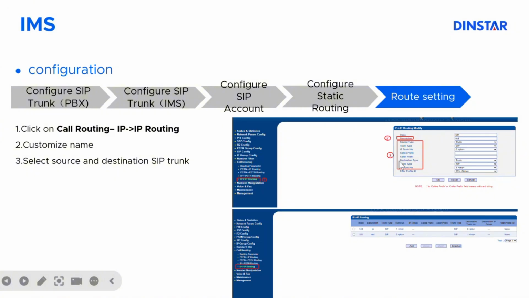So we need to create the routing rules accordingly to allow calls between the two sides. Here we didn't set any restrictions, and we don't set the prefix. But in the real world, we need to apply the calling rules that IMS gives us.